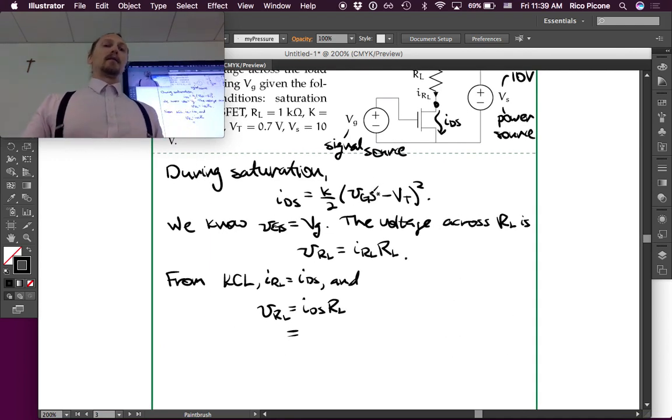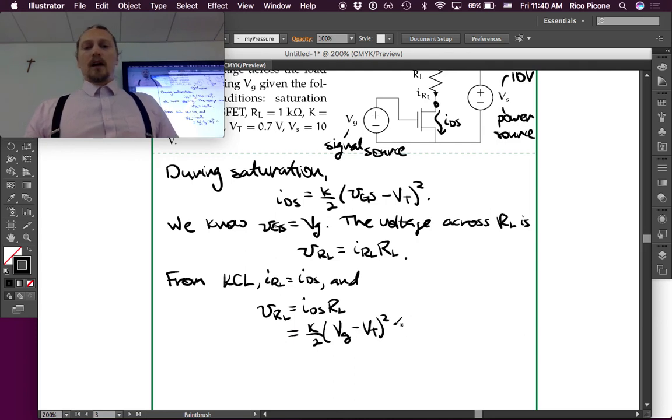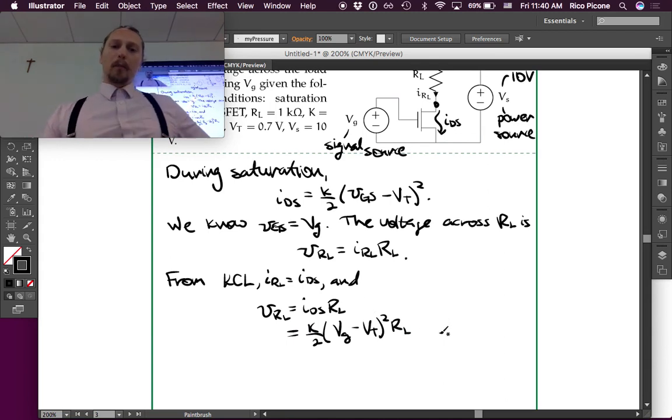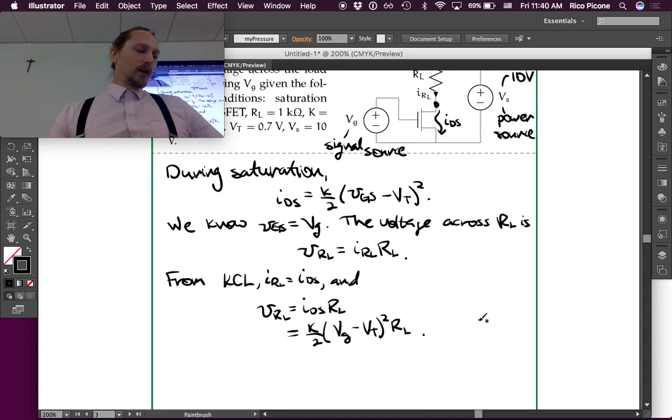So let's plug it in. K over 2, and VGS we said was just VG, so (VG minus VT) squared, times RL from Ohm's law from the previous step. Good. So this is our load voltage.